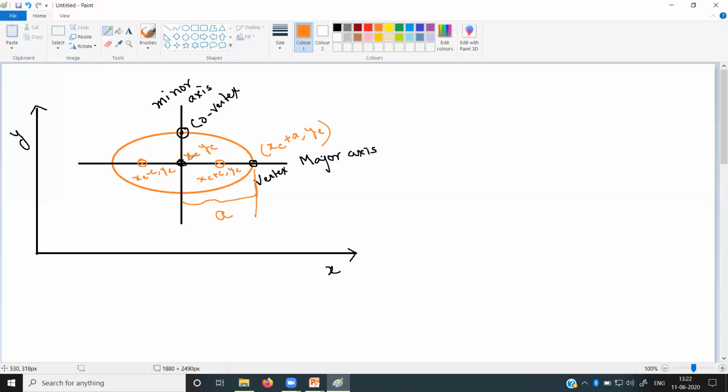Okay, and when the center of the ellipse is shifted to the origin, then in that case the coordinates of the vertex will be a comma 0.